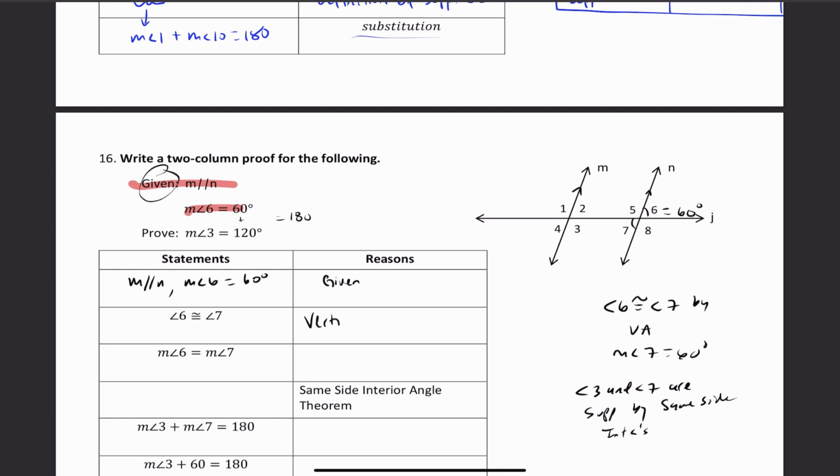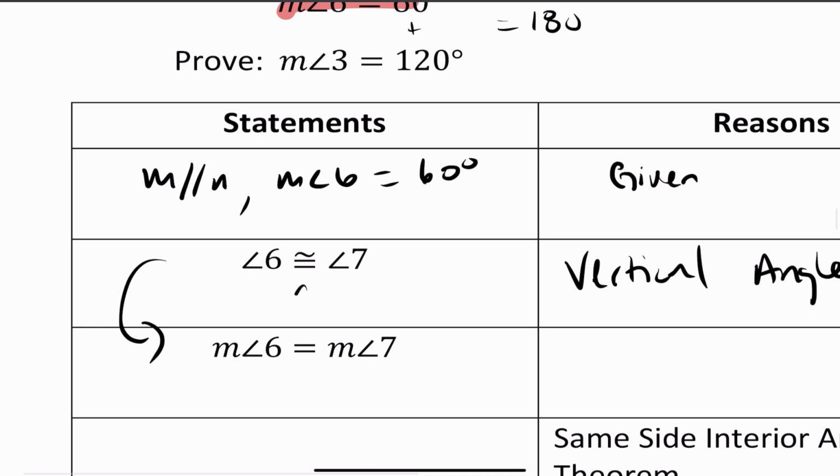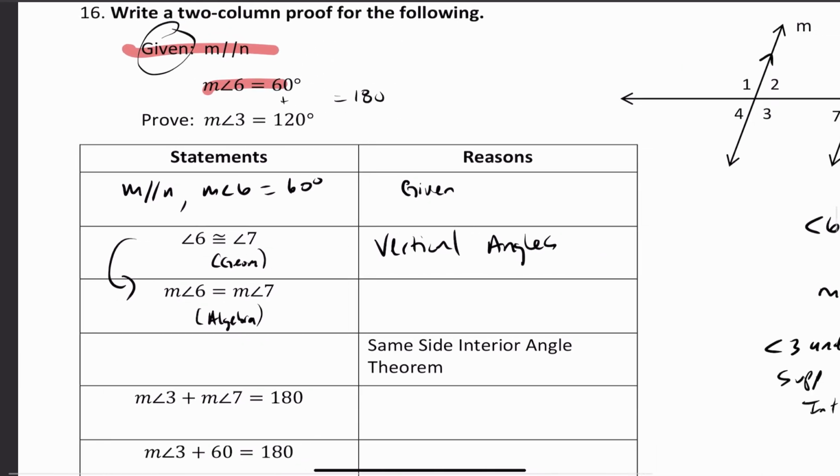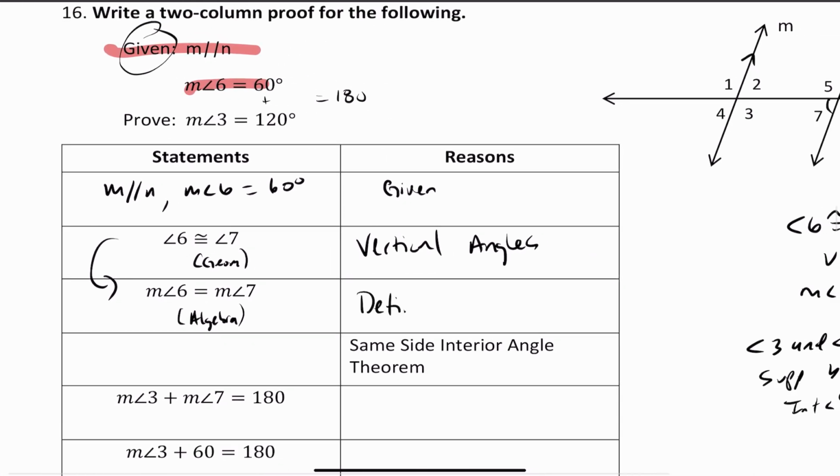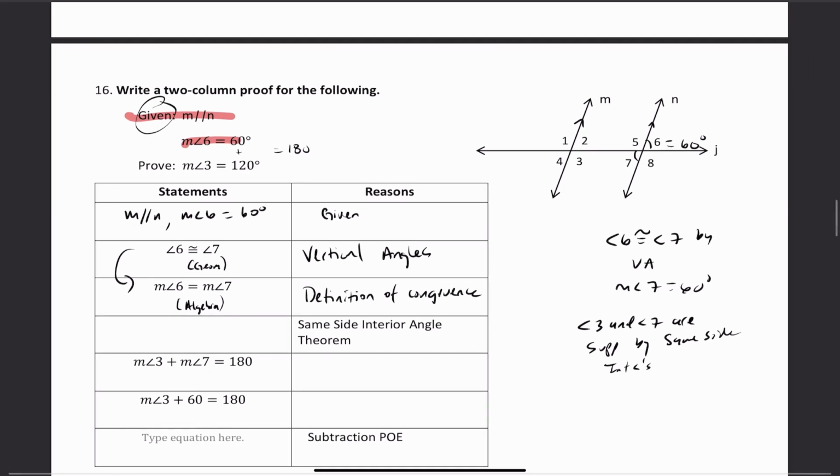Now, this is in the language of geometry, and this is now in the language of algebra. That's just me converting the languages, so that's the definition of congruence. Okay? And then what else do we notice?